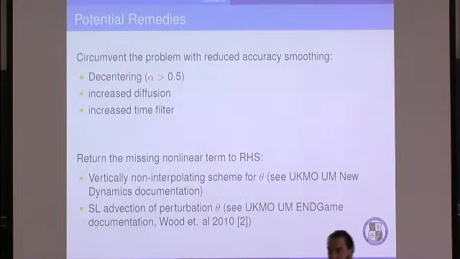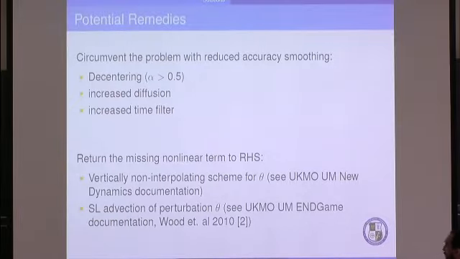So what options do you have? Well, you can go the route that we were going when I arrived, which is to try to use some reduced accuracy to get around it. You know it's these fast modes that are giving you problems, so let's just wipe them out. You use a really strong decentering, increase your diffusion, increase your time filter, whatever takes care of the problem.